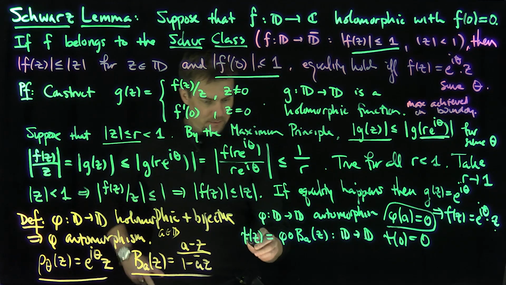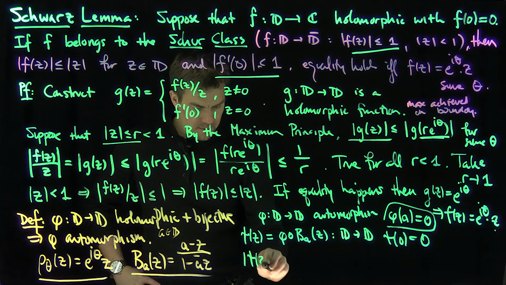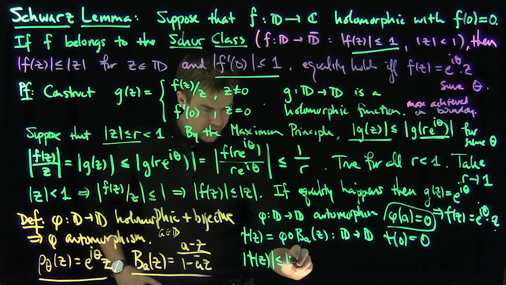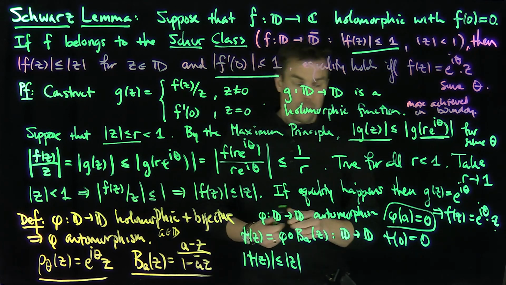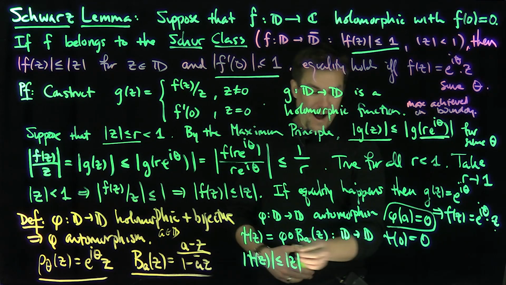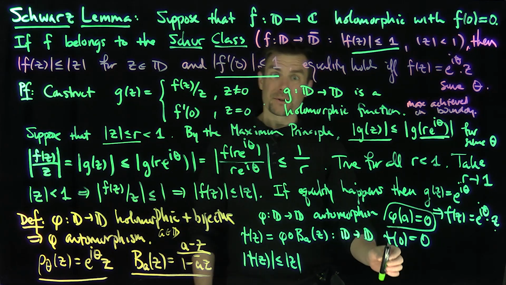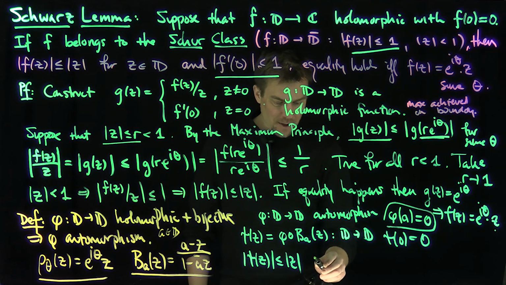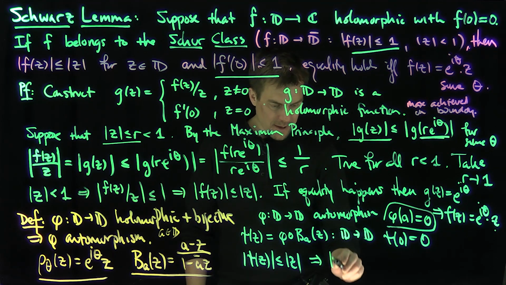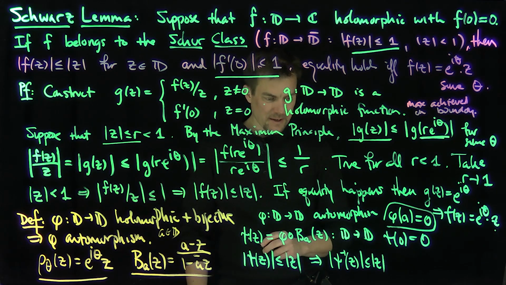So by Schwarz, modulus of psi of z is less than or equal to modulus of z, okay? Good. But the same thing is true if psi is an automorphism of the disk, so is psi inverse, because automorphisms are invertible. And so this also implies that modulus of psi inverse of z is less than or equal to modulus of z.